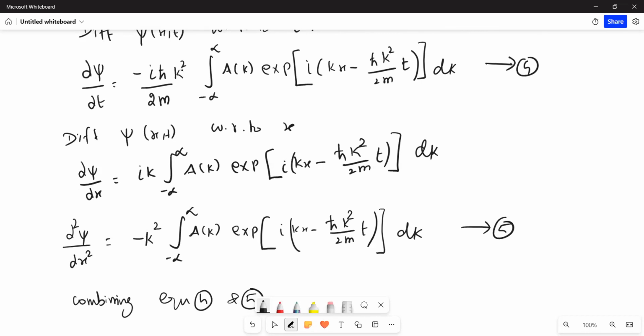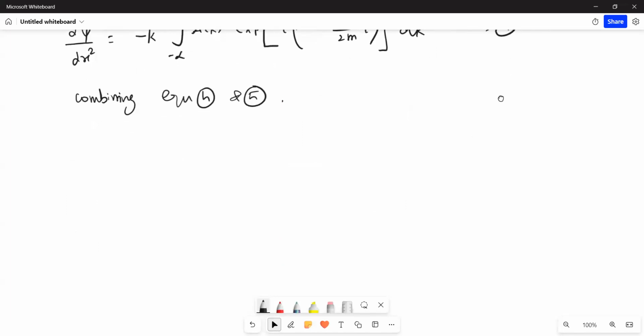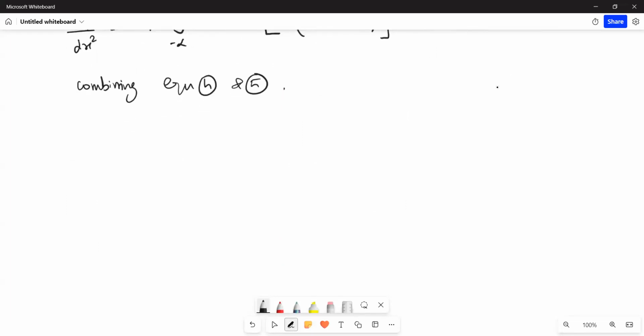Here we have minus k square and the full integral term, and this minus k square integral term becomes del square psi by del x square. So based on the comparison, we can write that del psi by del t is equivalent to i h cross by 2m del square psi by del x square.